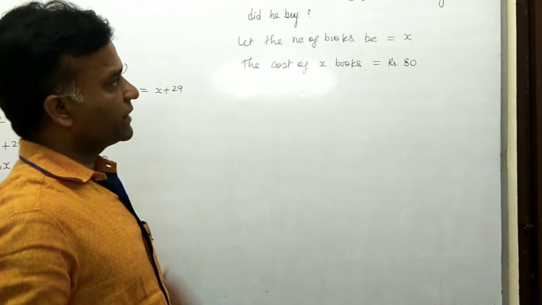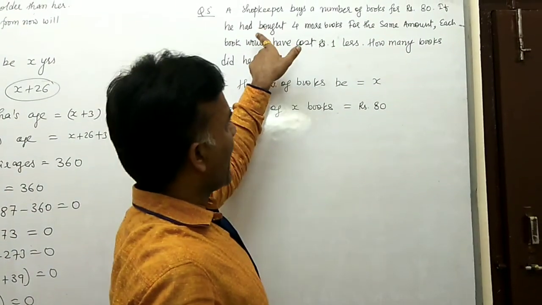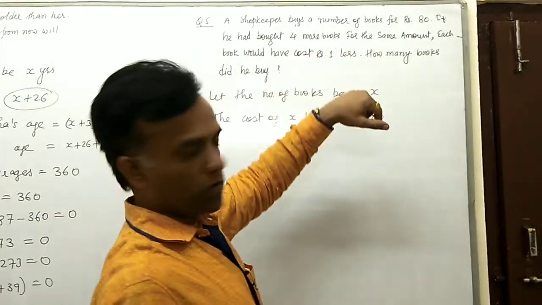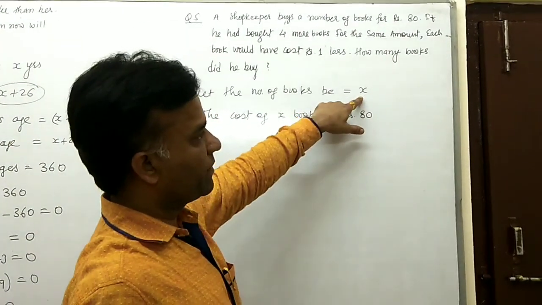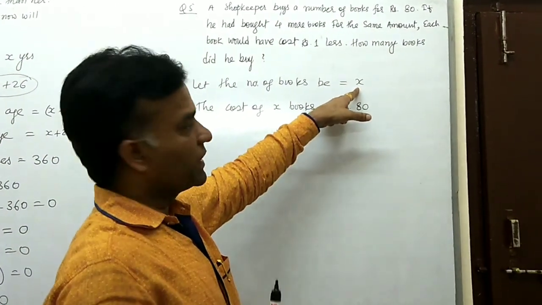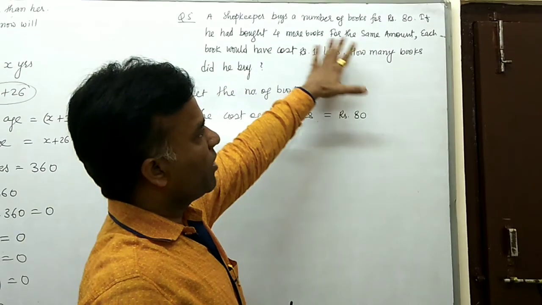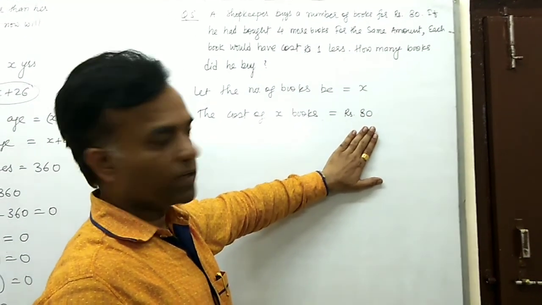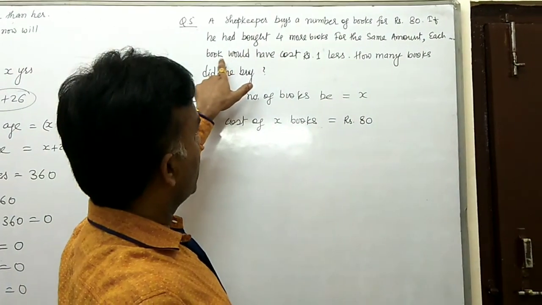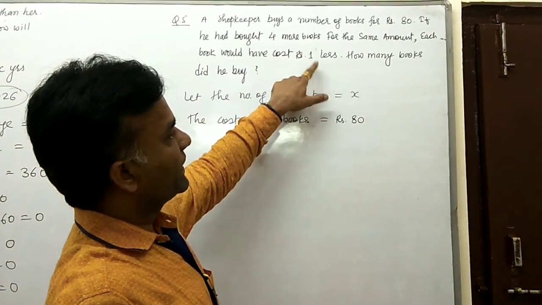If he had bought 4 more books, meaning x plus 4 now, the amount will be the same. So the amount has no change, 80 rupees. Each book would have cost rupees 1 less.